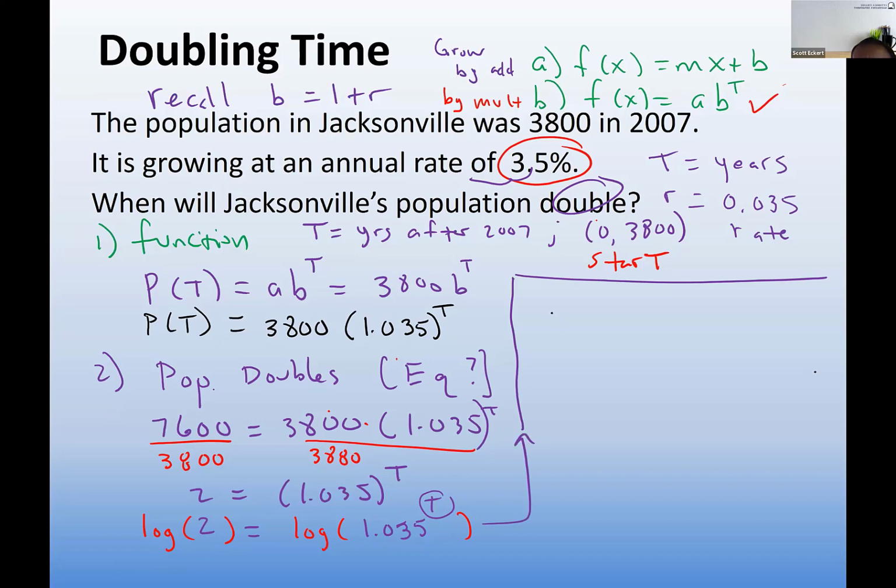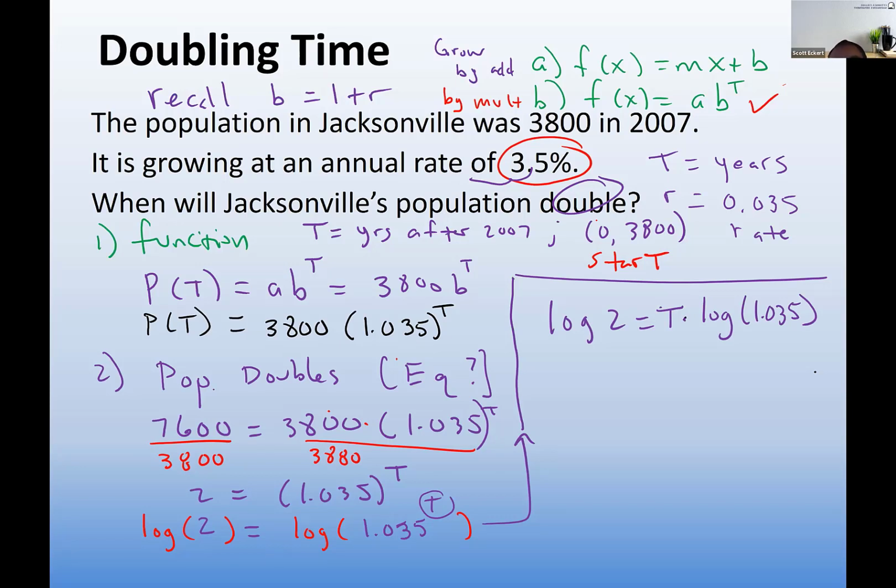So I'm going to be able to write log of 2 equals t times log of 1.035, and now I have t separated.